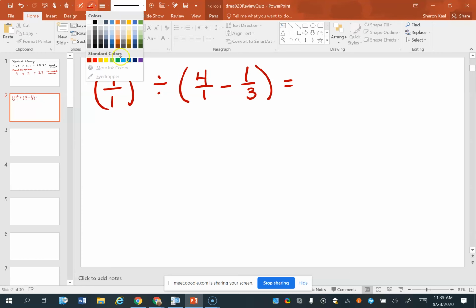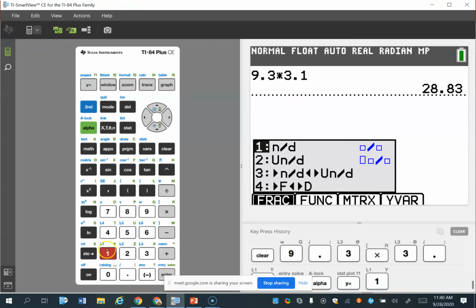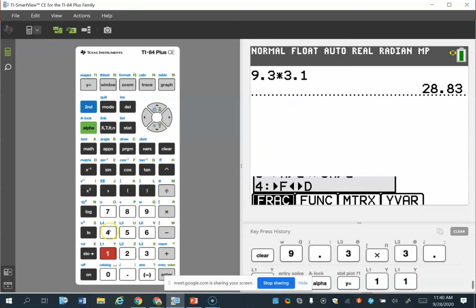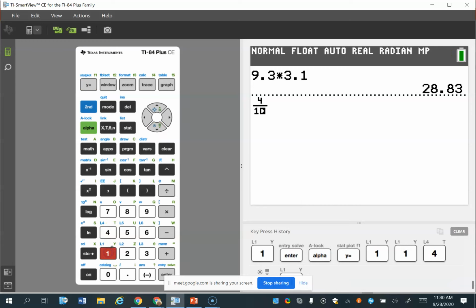I would do a combination of the two. So first we have 4 over 1 squared. That actually means 4 squared. 4 over 1 is 4. But you can still type it in here as 4 over 1. That is going to be squared.